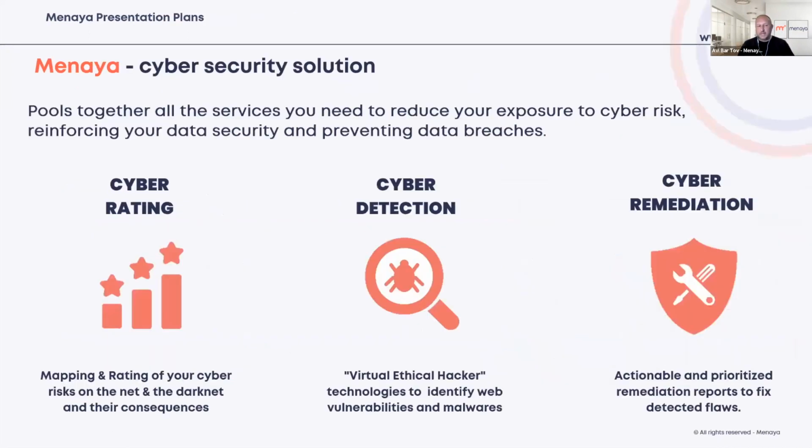How are we doing that? With 2 layers. One is a cyber rating, a mapping of all exposure and potential risk that a company can have from the outside, on the net and the darknet. And the second layer is on the web part, where we create a virtual ethical hacker that mimics hacker behavior.